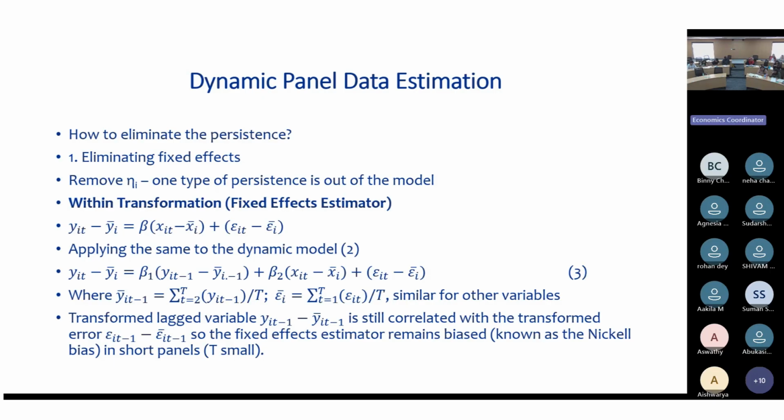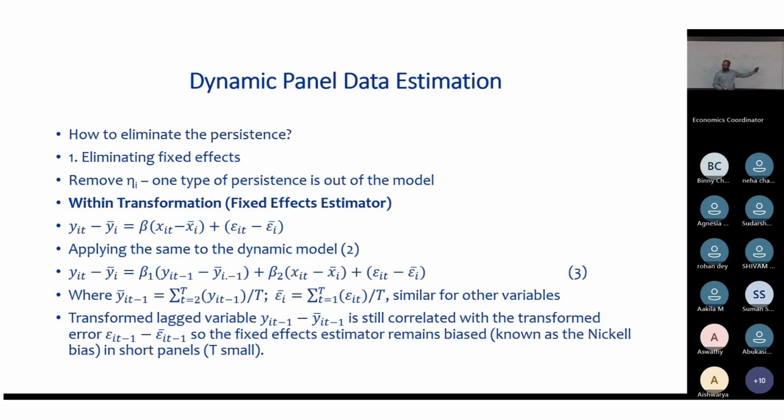yit minus yit minus 1 equals beta 1 into yit minus 1 minus yit minus 2, plus beta 2 into xit minus xit minus 1.